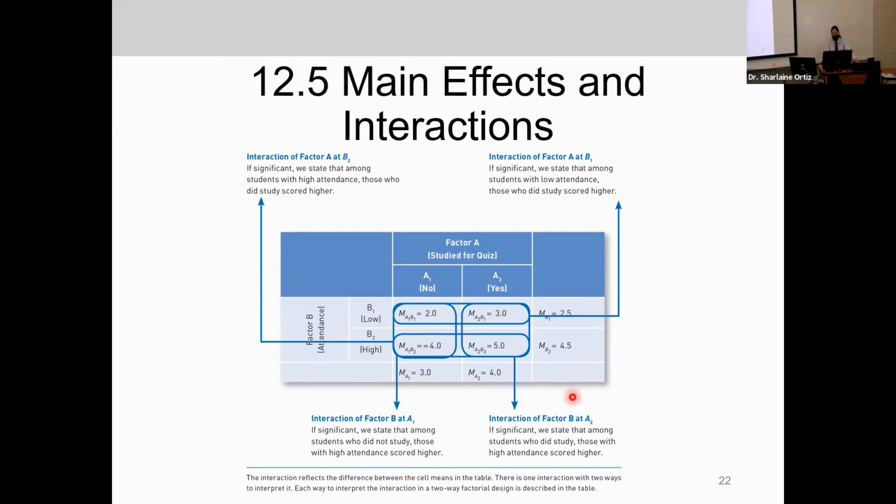And lastly, let's look at factor B and our second level of factor A. We would say that among the students who did study, those with higher attendance scored higher. So notice that now we're not simply looking at the mean of each factor, but rather we're trying to see if there are interactions.